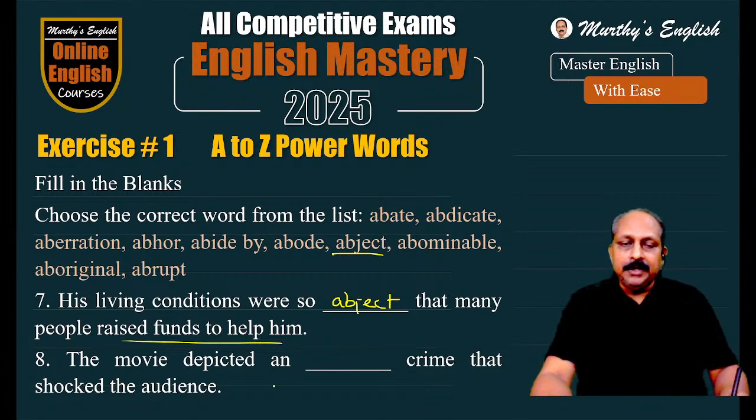The movie depicted an blank crime that shocked the audience. What sort of crime? Now, good, I appreciate your response. Sentence number 7, abject. Sentence number 8, the word is crime. What sort of crime?